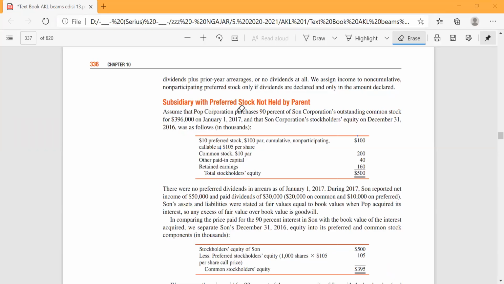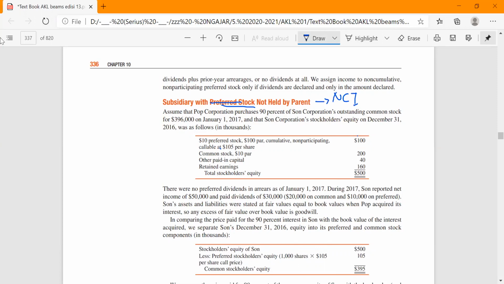When the preferred stock is not held by the parent, it means that the preferred stock of the subsidiary company is owned by the NCI, or the minority parties of the subsidiary company. Take a look at this example.